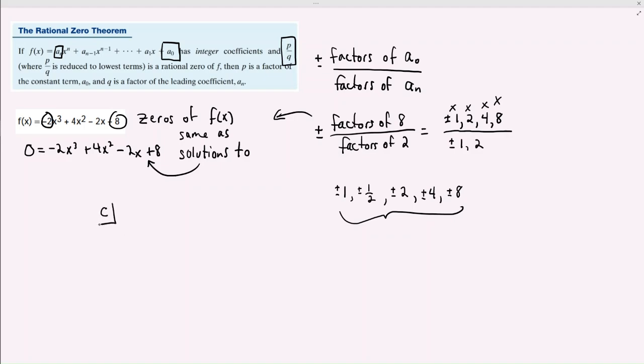If I put a c here, and if I get a 0 for a remainder, whichever ones I get a 0 as a remainder, we know that is going to represent a factor, x minus c. So if c garners a 0, we know x minus c is a factor.